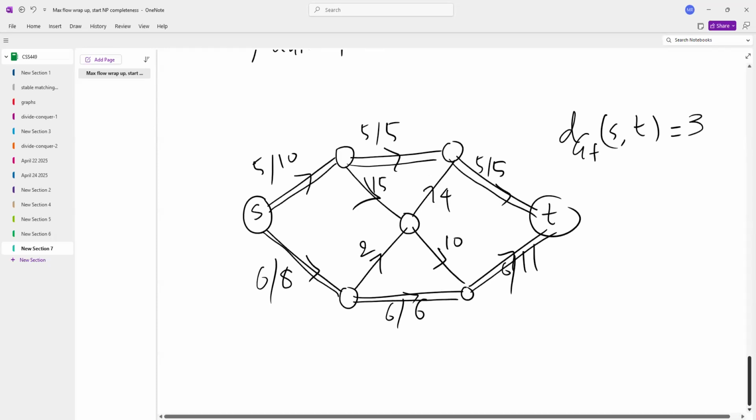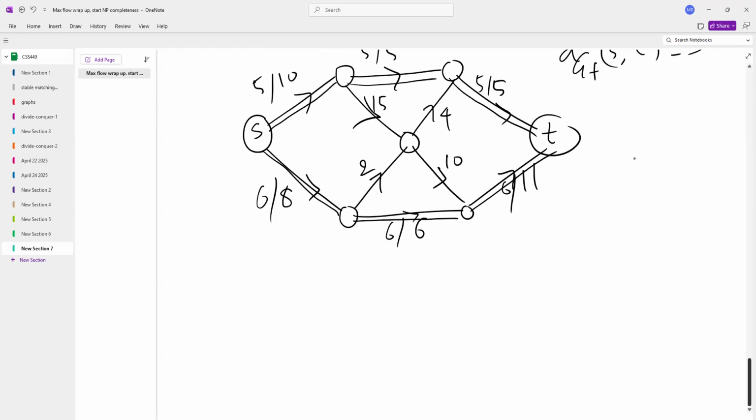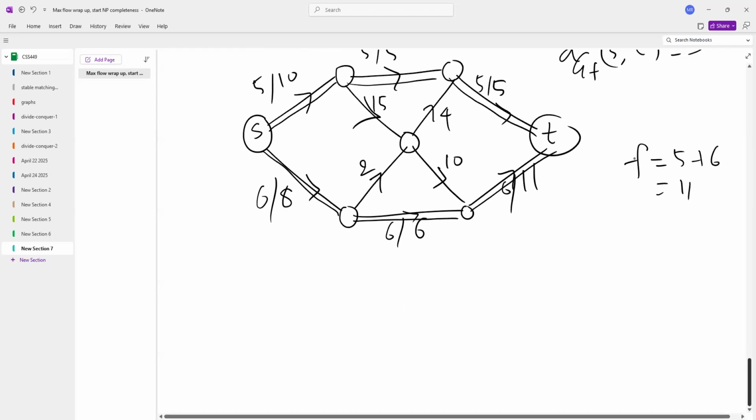So now my flow so far is, I've sent 5 plus 6 equal to 11 across these two paths, right? So I keep track of that, right? And now at this point, we cannot do any more, so we're going to go back to our next iteration. So for that, at this point, I'm going to do the residual graph computation, right?